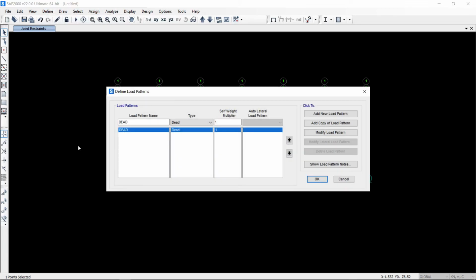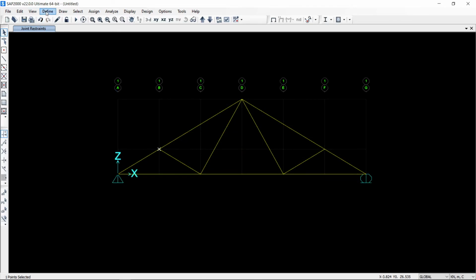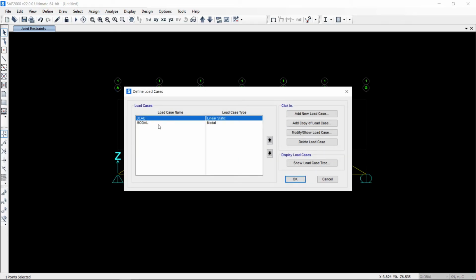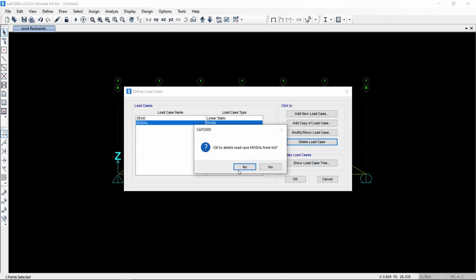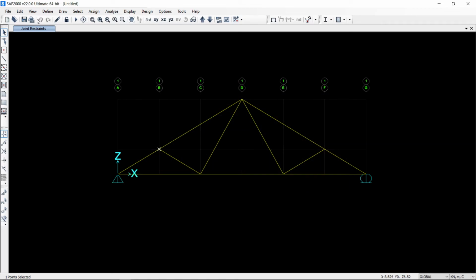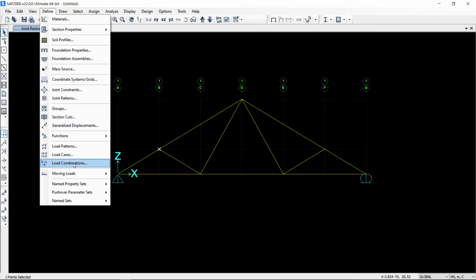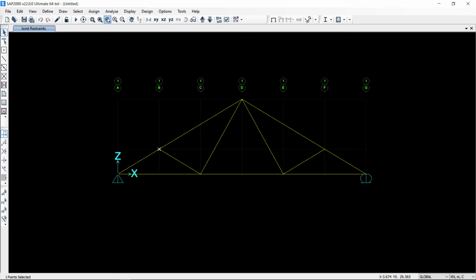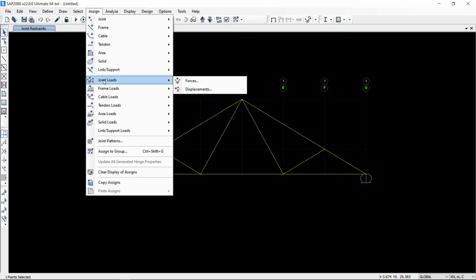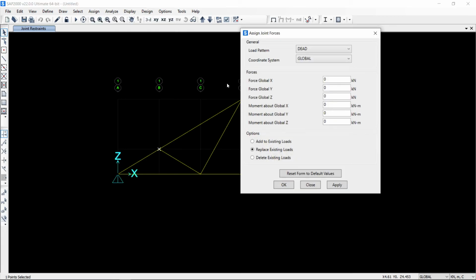Let's see load pattern. We have only one load pattern over here, we don't need anything else, so this is fine with me. Define load cases. We have dead load and modal. We are not doing any modal analysis for the time being. Let us delete this load case, and then we are not going to have any definition of load combination or anything else, so let it be like this. Let us assign the loads, forces in global z direction.